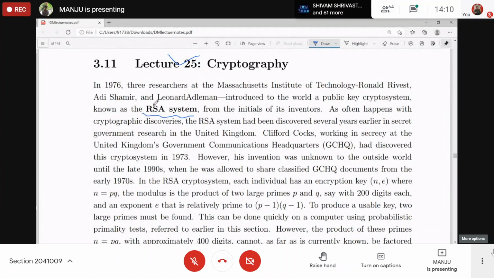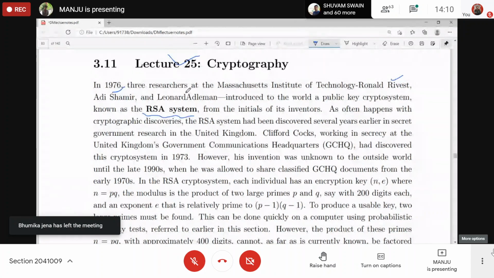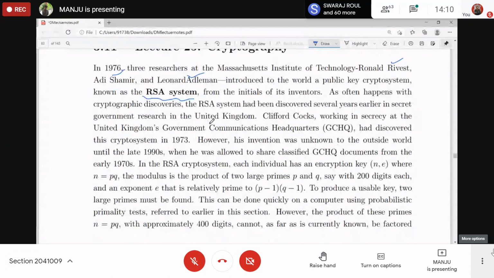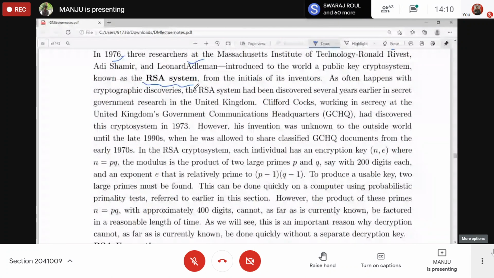This is named after these three researchers who introduced this RSA system, so that's why it's named like that. It is used for encrypting and decrypting messages.